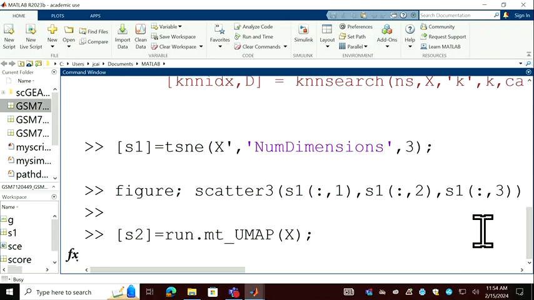So UMAP, same thing. You just change the name of the embedding variable in S1 into S2, so you have a UMAP embedding.